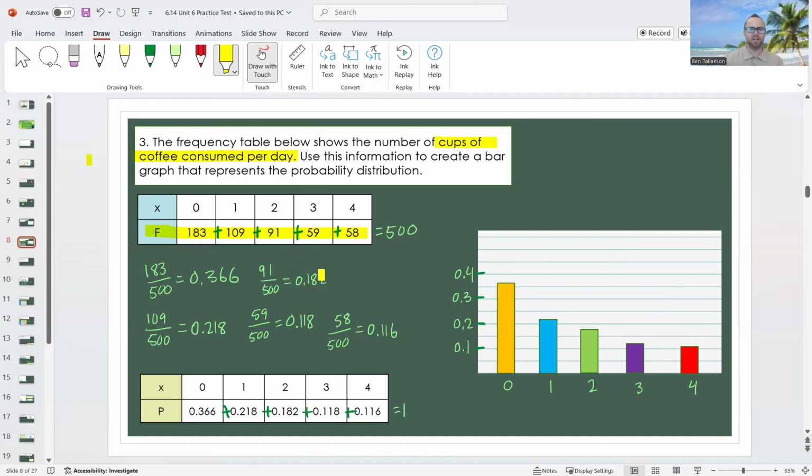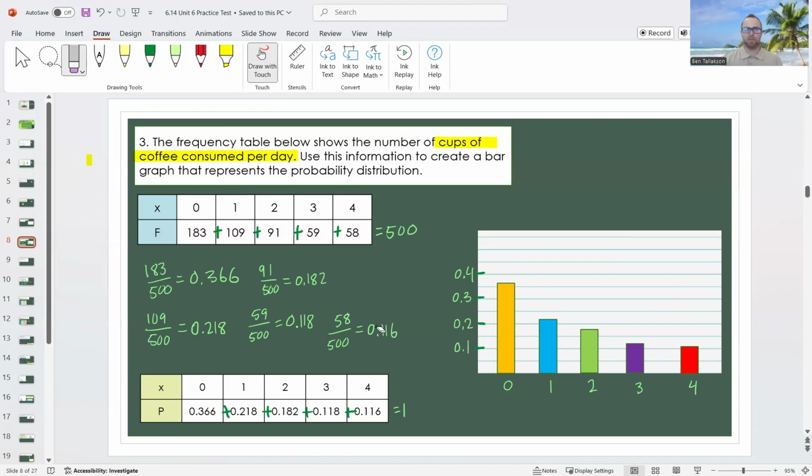So in this study, where they asked people, how many cups of coffee do you drink per day? 0 cups of coffee, there were 183 people. For 1 cup of coffee, there were 109, and so on. Okay? That's what these values mean.